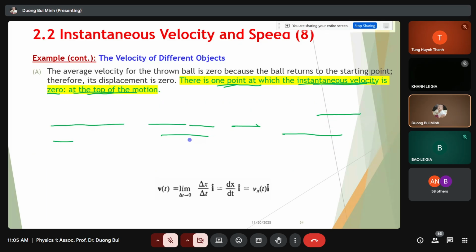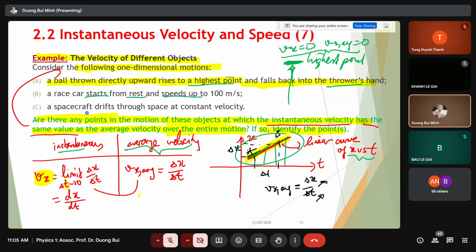Look, a spacecraft drifts through space at constant velocity. Constant velocity means we keep the instantaneous velocity constant, like this.